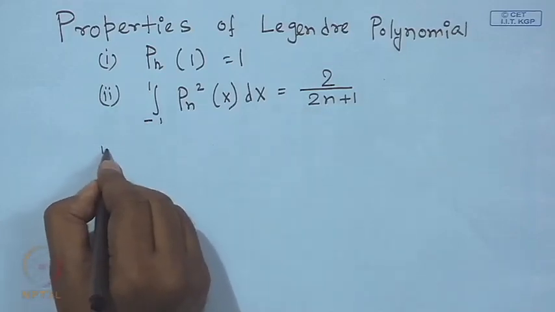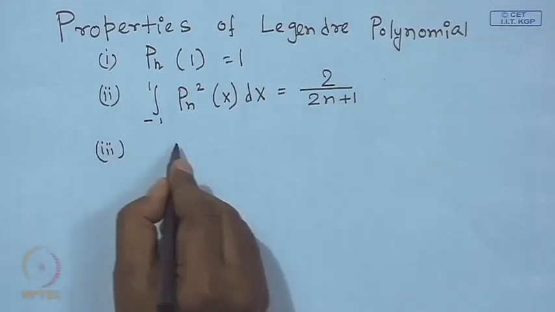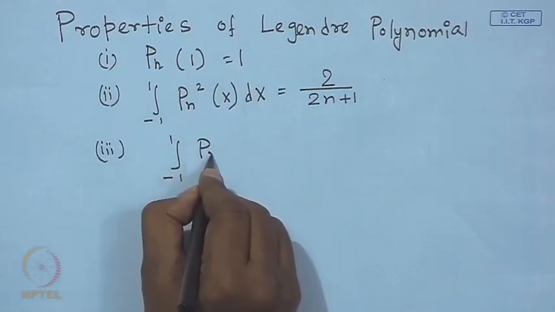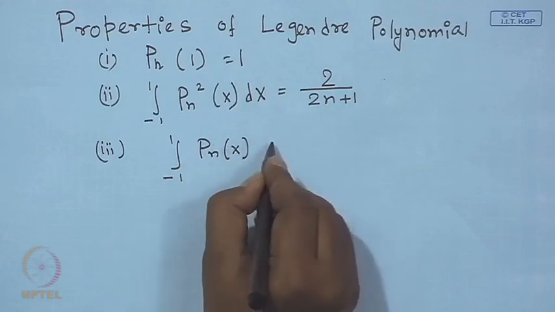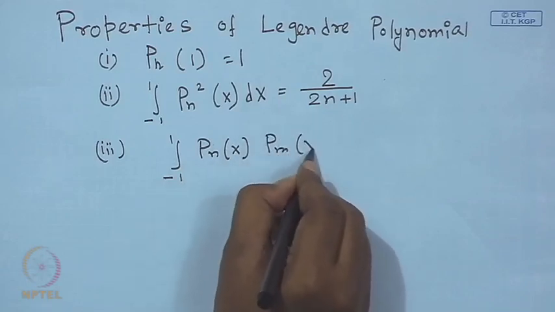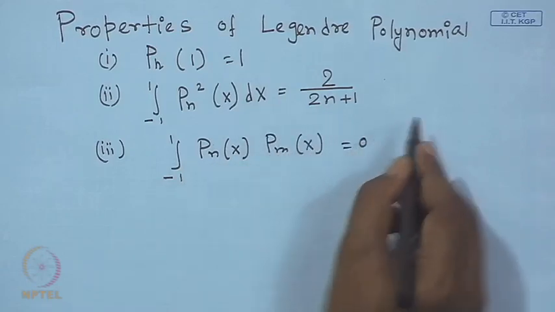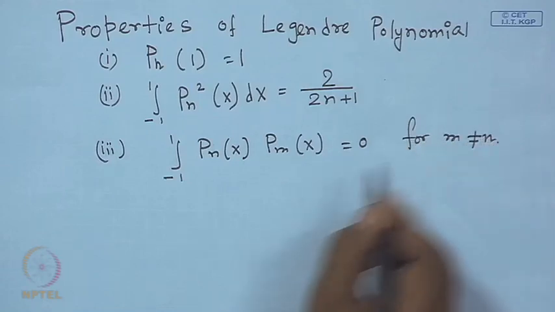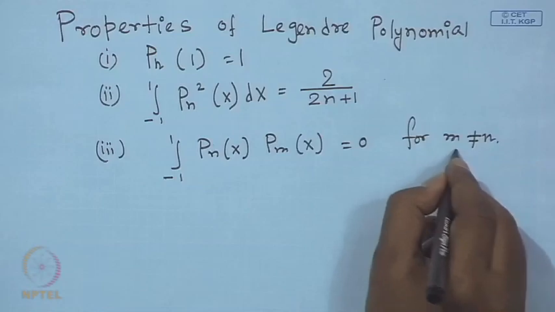And the third one will be the integral from minus 1 to plus 1, that is the domain of x, of P n x times P m x, which is equal to 0 for m not equal to n, where m, n are integers.